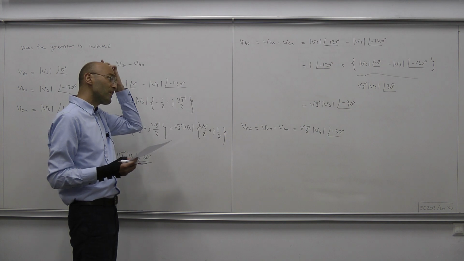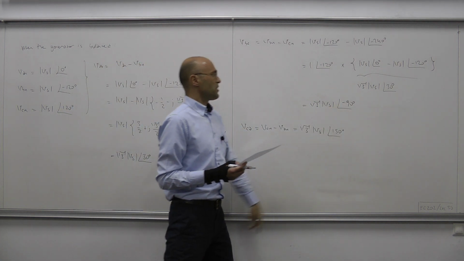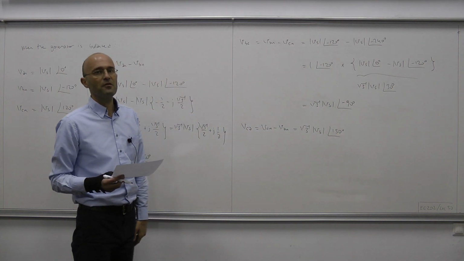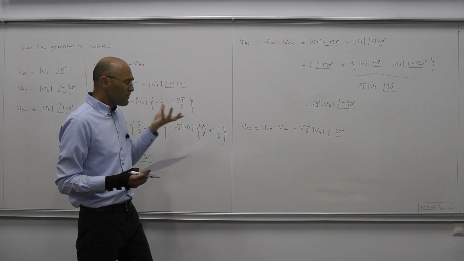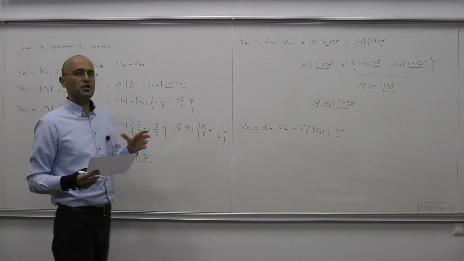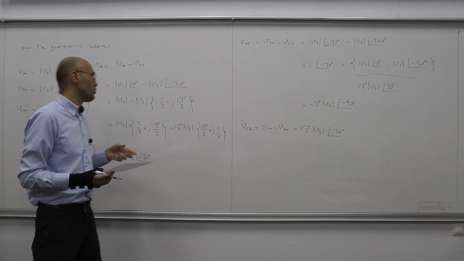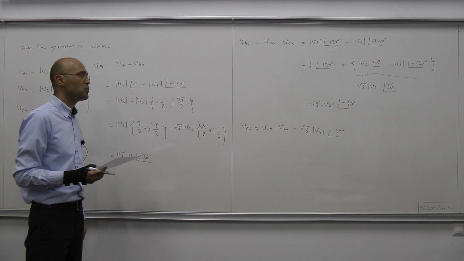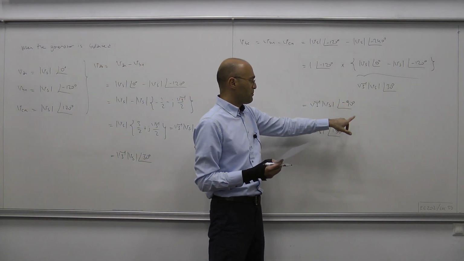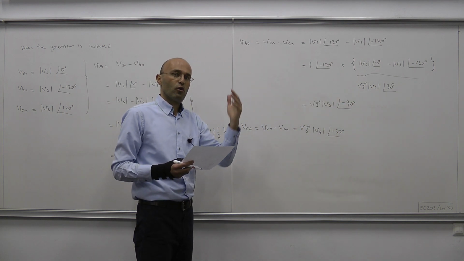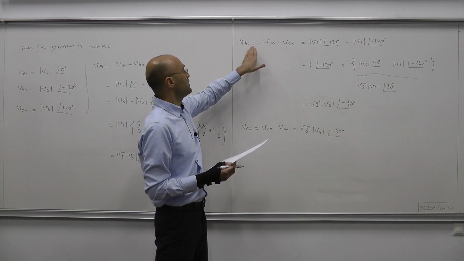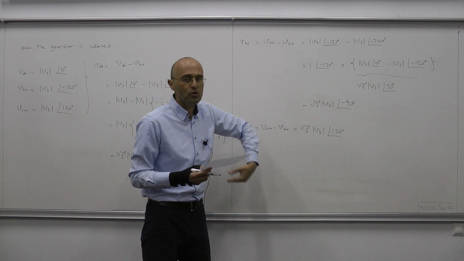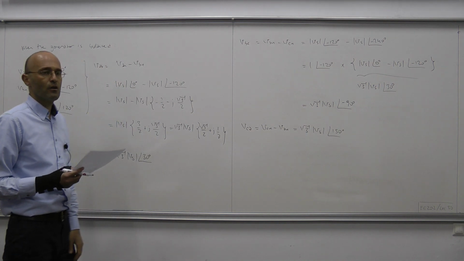And as for the phases, those are what we have obtained: 30 degrees, minus 90 degrees, and 150 degrees. So we observe that line-to-line voltages inherit the balancedness property of line-to-neutral voltages. Namely, they have equal magnitudes, and the phase separation is uniform. From VAB to VBC you go 120 degrees clockwise, from VBC to VCA you go a further 120 degrees clockwise.